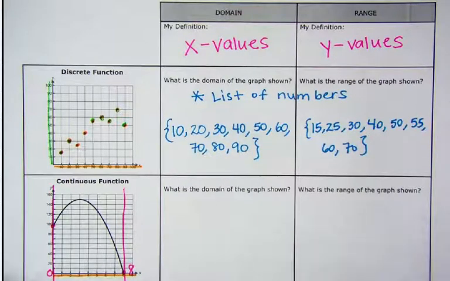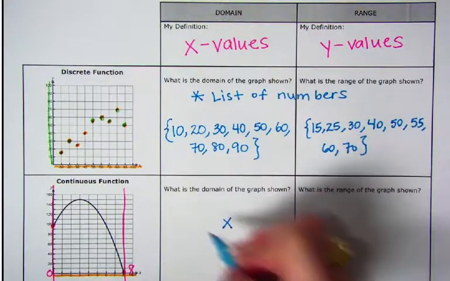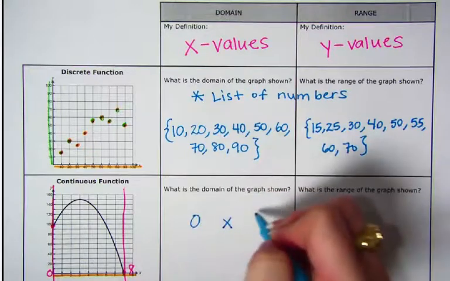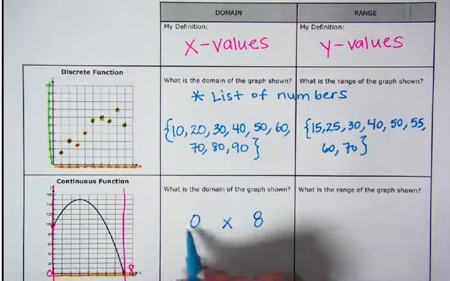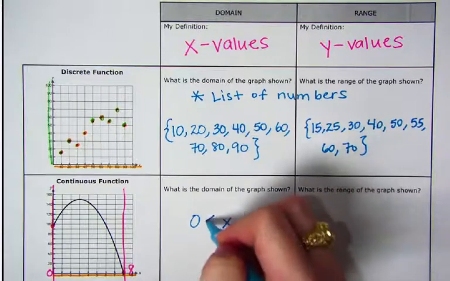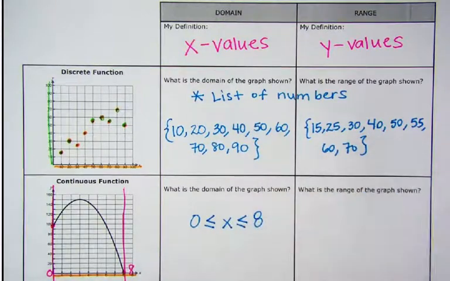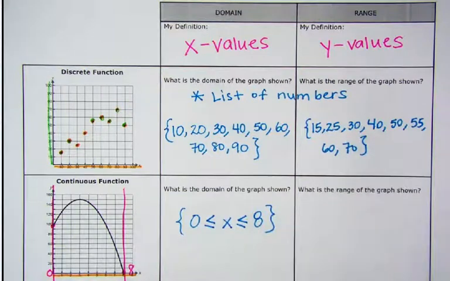So we're going to write that down. I'm going to write x, and then I'm going to physically write it between the numbers 0 and 8. X is between 0 and 8. Since we are always going least to greatest, I'm going to use less than or equal to symbols, and then include my brackets.